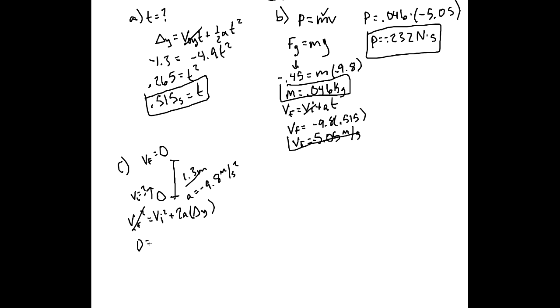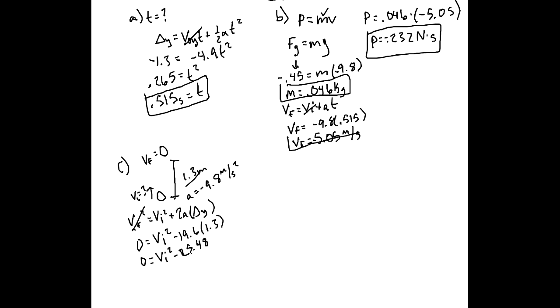So 0 equals, v initial is what I'm looking for. 2a is going to be minus 19.6, and then my height is positive 1.3. So 19.6 times 1.3 gives me 25.48. So 0 equals v initial squared minus 25.48.